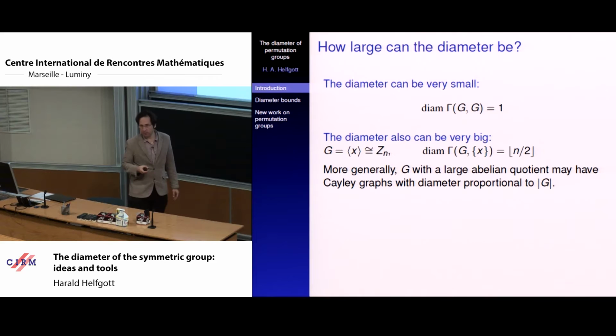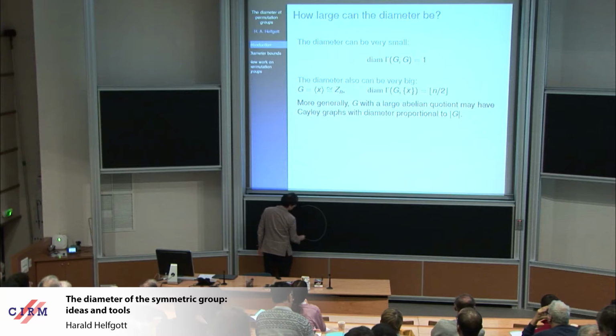Now, say that G is Z mod nZ. Oh, I actually detest this notation. Well, never mind. So say I have Z mod nZ, and I have the generators plus and minus 1. Then the Cayley graph is going to look like that.